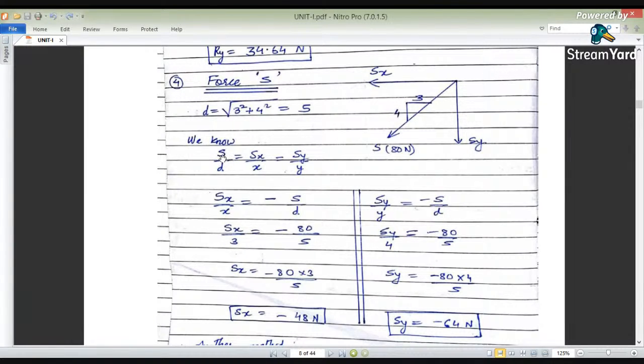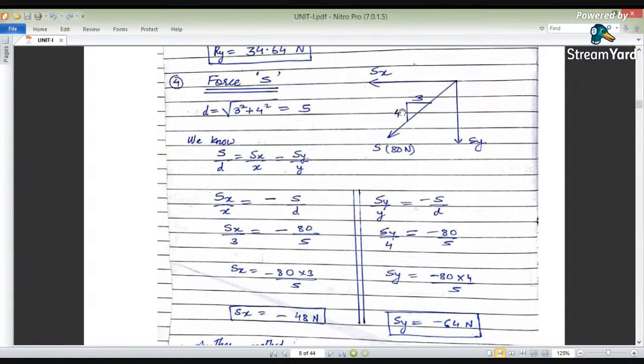In the same way, by similarity of triangles, we have taken these two terms first. Next we will take the first term and last term, that is Sy by y is equal to minus S upon d. Again, why have we taken this minus sign? Because the force S has been applied in the downward direction, so minus S upon d. So Sy upon what is y?